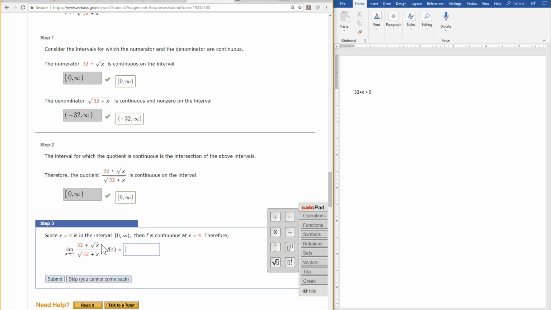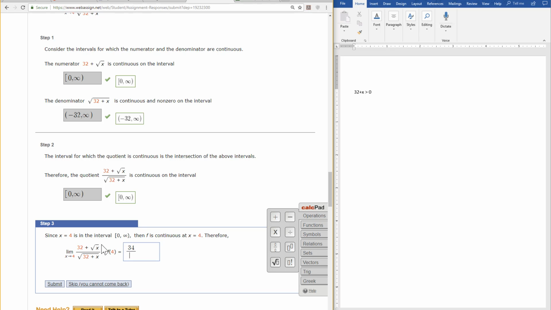The square root of 4 is 2, so that's 32 plus 2. Then we're going to divide by the square root of 32 plus 4, so that's the square root of 36, which is 6.